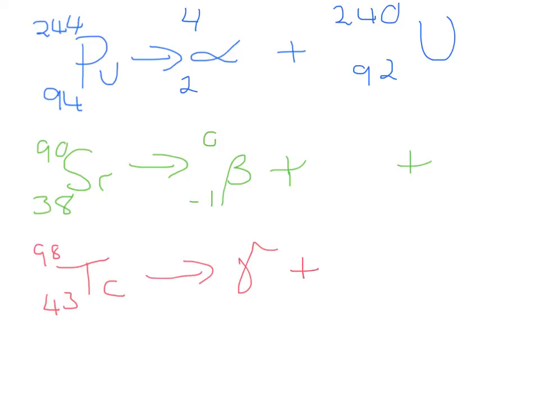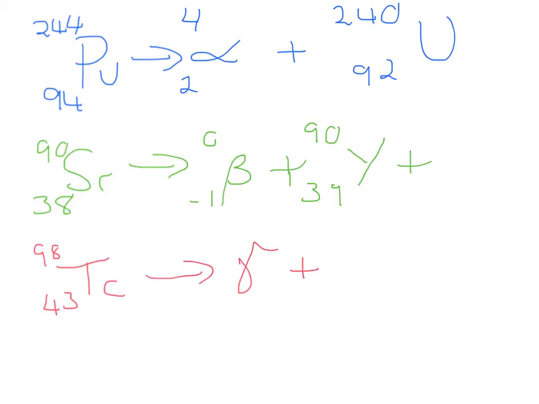Or you can think about one neutron turning into a proton plus an electron. So the mass number is going to stay the same. The atomic number is going to go up by 1 because we gain a proton. And again, when you look that up, that is then yttrium.